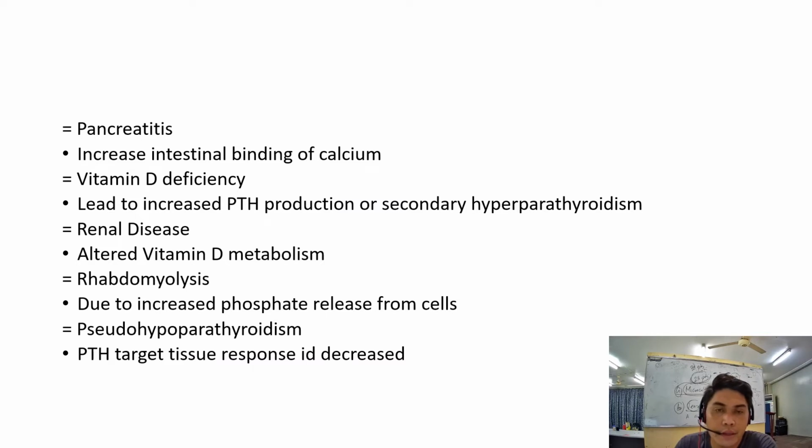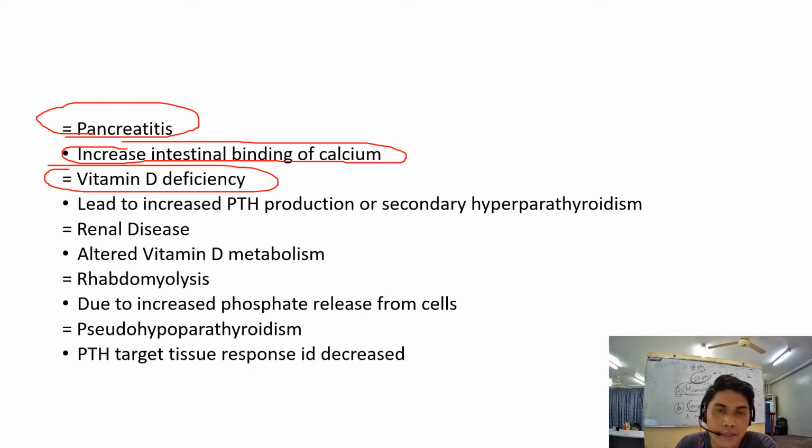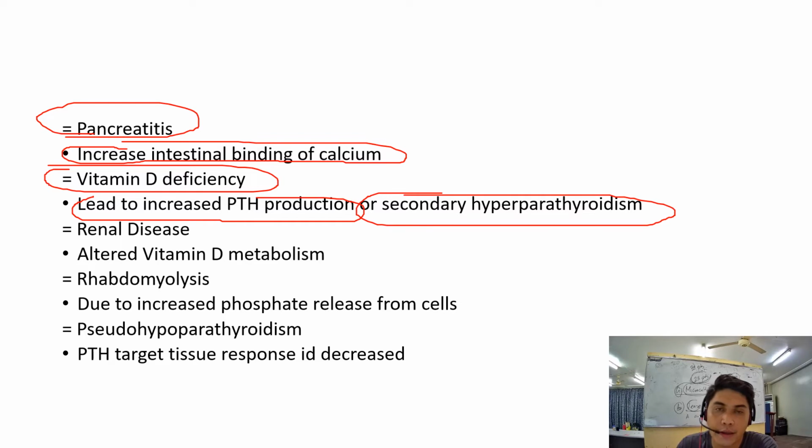Another cause of decrease in calcium is pancreatitis because of increased intestinal binding of calcium. So there is decreased absorption of calcium, okay, for pancreatitis. And vitamin D deficiency leads to increased PTH production or secondary hyperparathyroidism.